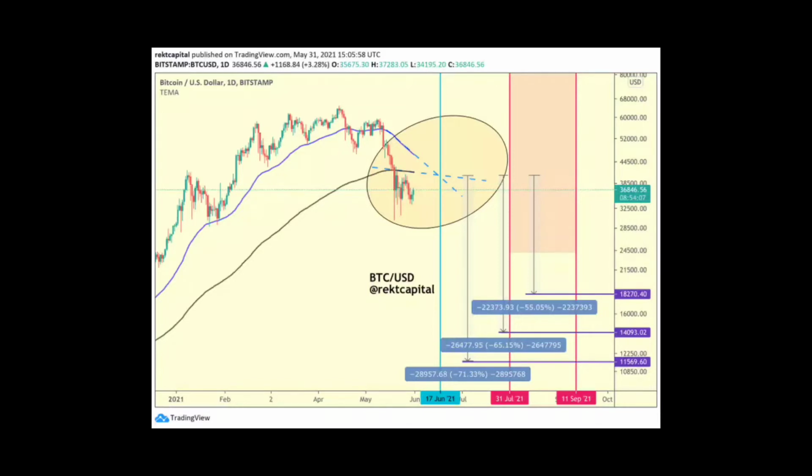Point number one, how it affects the price is highly and widely varied. We've had a -6% effect on price all the way to -71%. So you need to understand that it's a vast range of price declination, -6% to -71%.